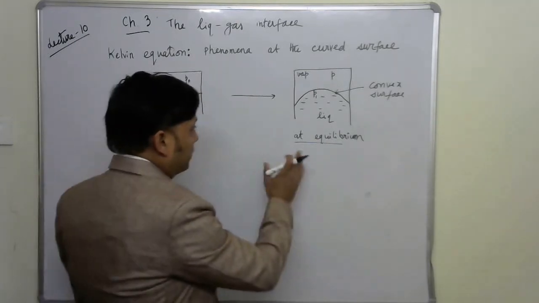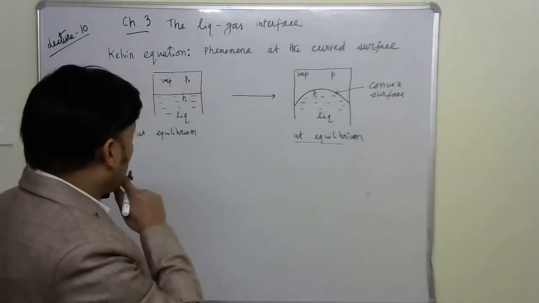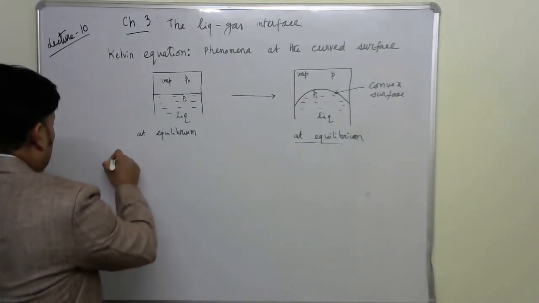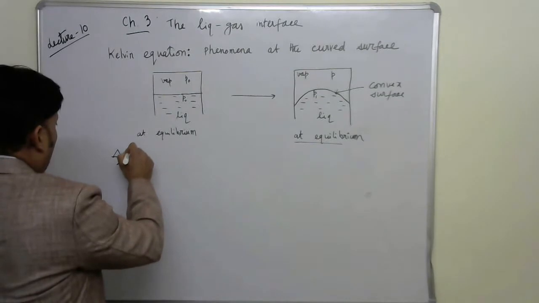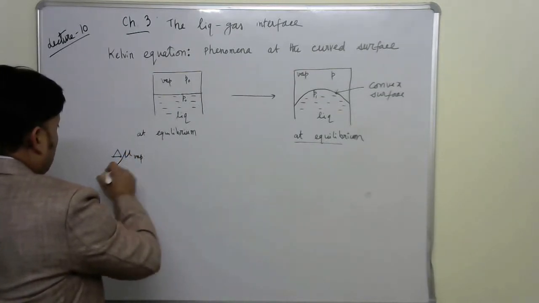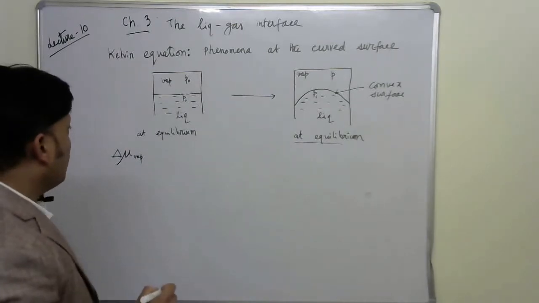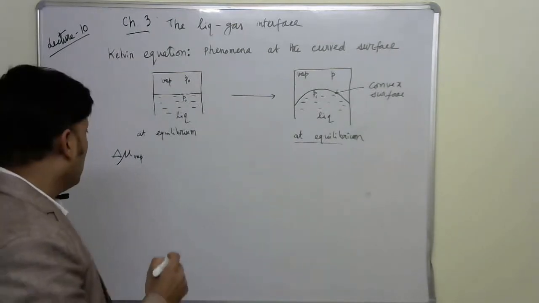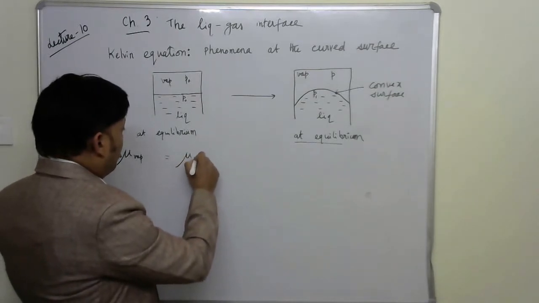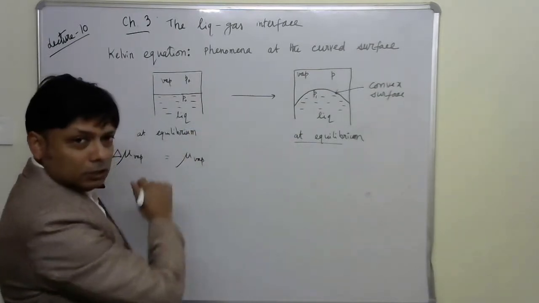All right. So now let's try to assess what changes have been made when we go from left to right. First, let's concentrate on the change of the chemical potential of the vapor, that is delta mu vapor. So the delta mu vapor is nothing but mu vapor final minus initial.